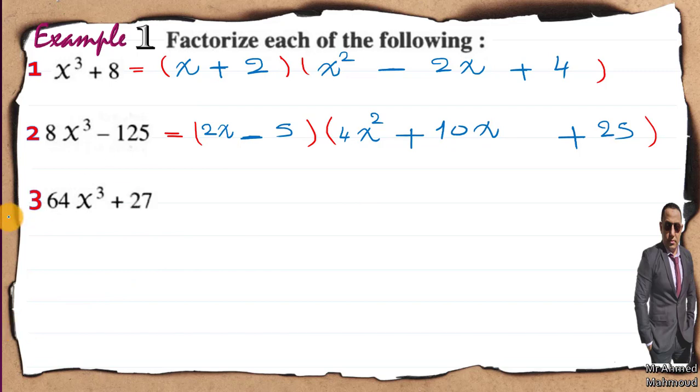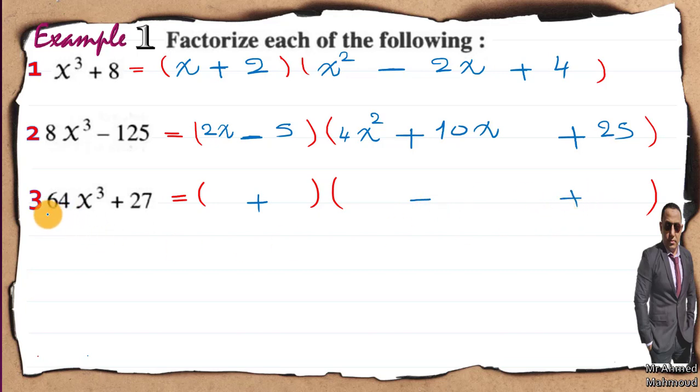Another example, 64 and 27, they haven't a common factor. So I'm going to write small bracket and big bracket like this, and then distribute the sign. Because I have here plus, so this is the same as the original sign, and this is opposite, and this is always positive.